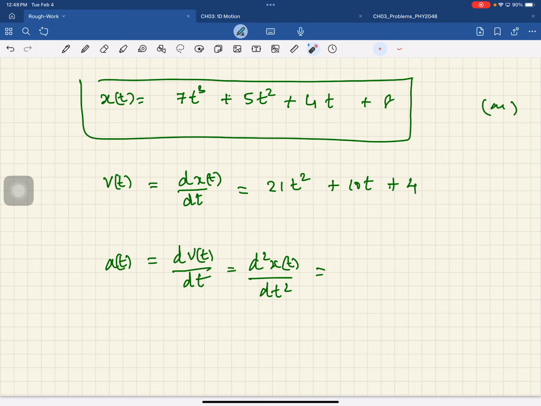Derivative of t squared is 2t, so 2 times 21 is 42t. And then derivative of t is 1, so that's 10. And derivative of 4 is 0.